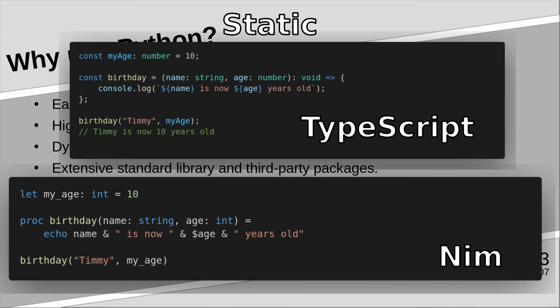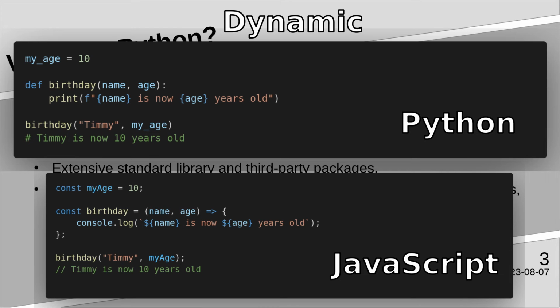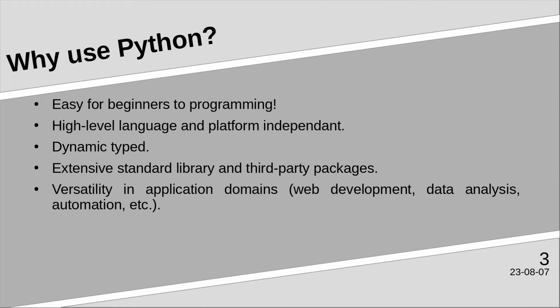There's also dynamically typed, which to a lot of people, this is a reason to learn a programming language. Some people cannot be bothered to have a statically typed programming language, meaning you need to specify the data type of your values. It has a massive standard library and a lot of third-party packages you can use, which just means you basically have to do less to get more.